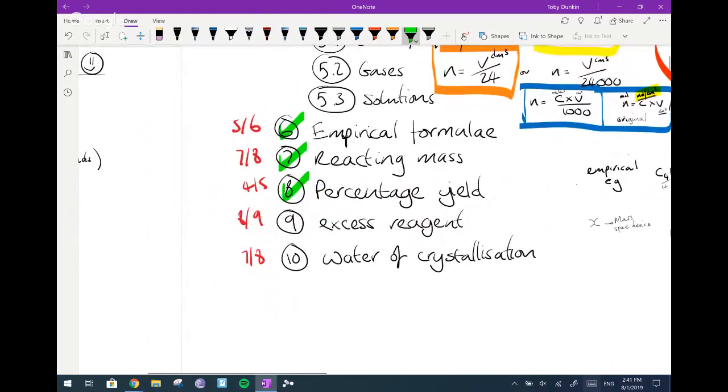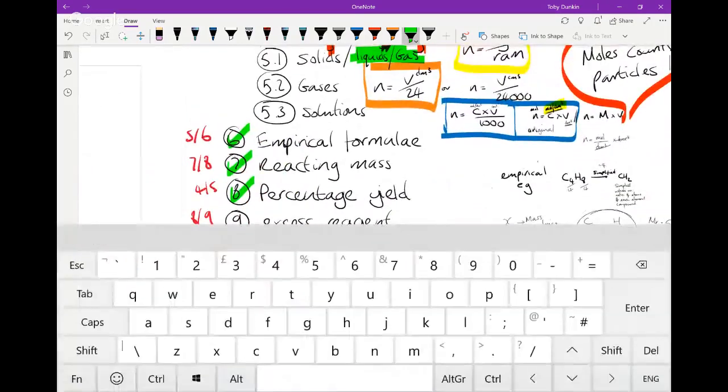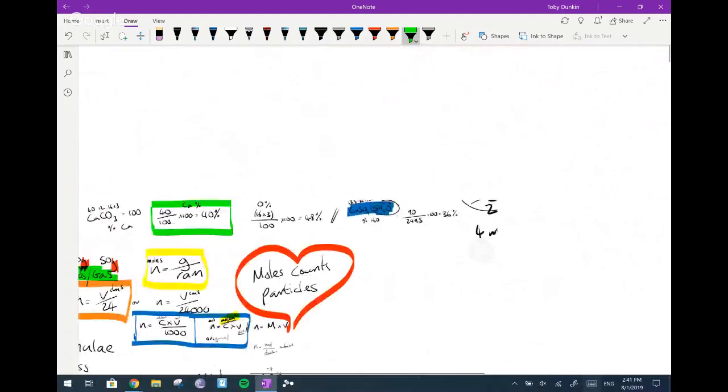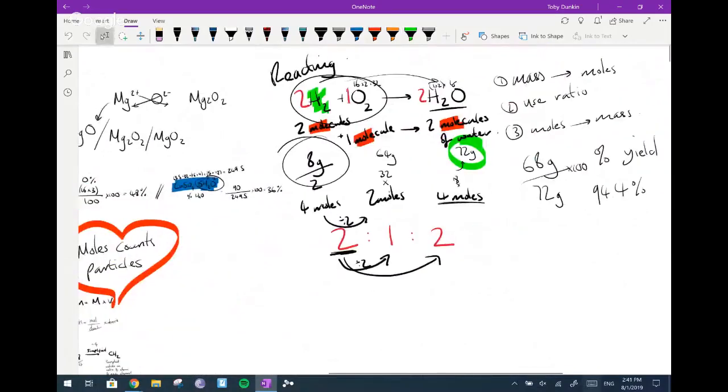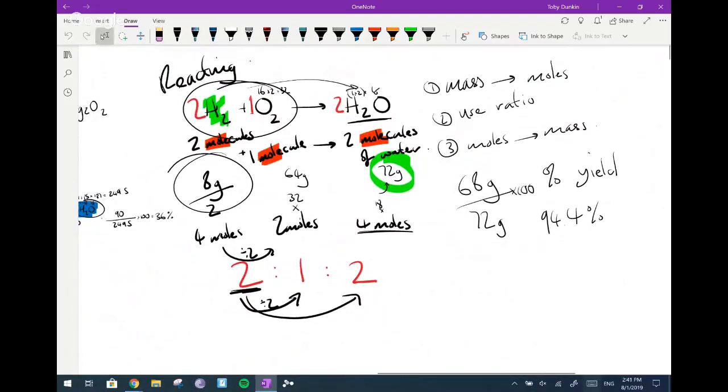Next, excess reagents. This is a tricky one. These last few are exploring the understanding of this whole reacting mass calculation. Because what might have happened, instead of being given 64 grams of oxygen, I'm actually given 120.